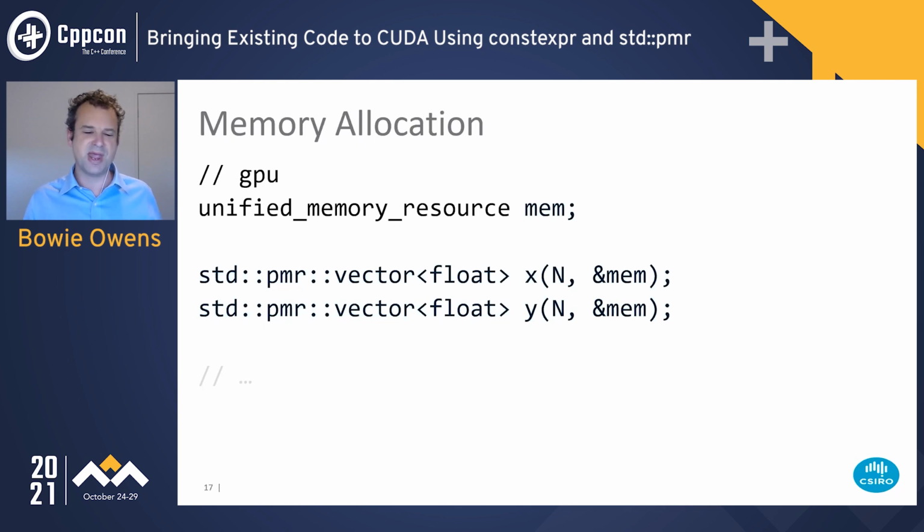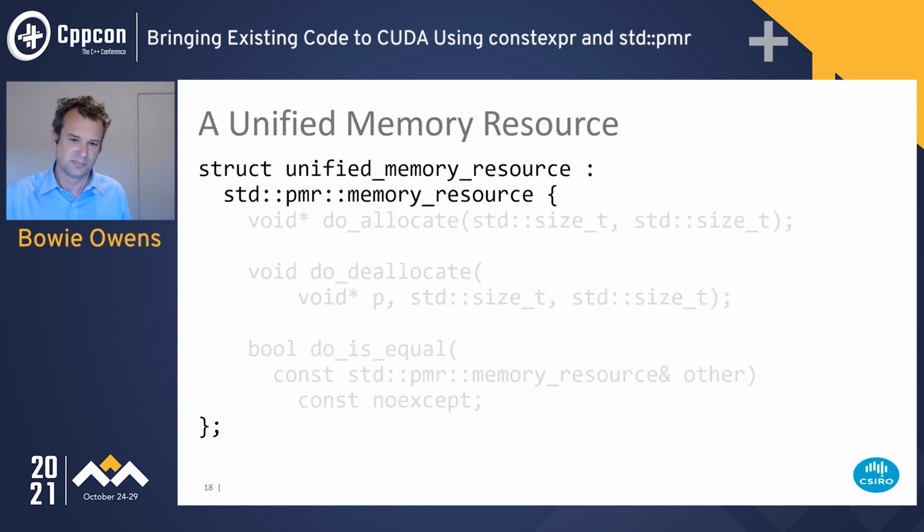So what does this unified memory resource type look like? Let's look at its implementation. It's going to be a class or a struct that inherits from standard PMR memory resource, so that it can implement the memory resource interface.